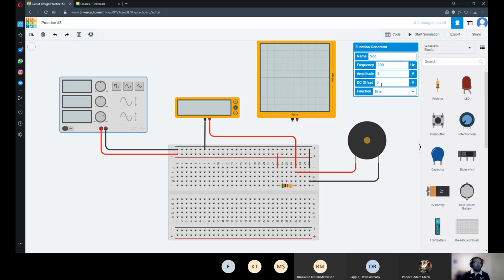We can modify the offset. So if we are looking at adding a fixed component, a DC component, over which the amplitude is going to be fluctuating around, we can add that here. Here we can modify the amplitude.